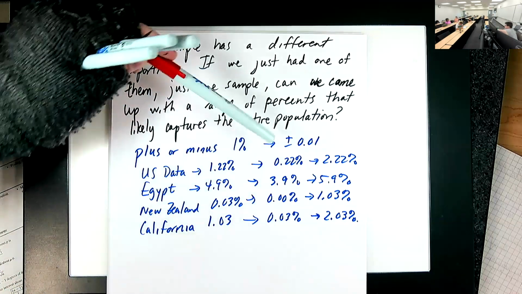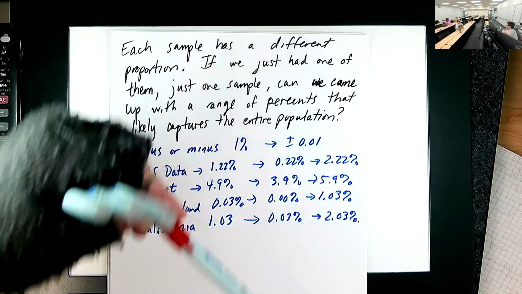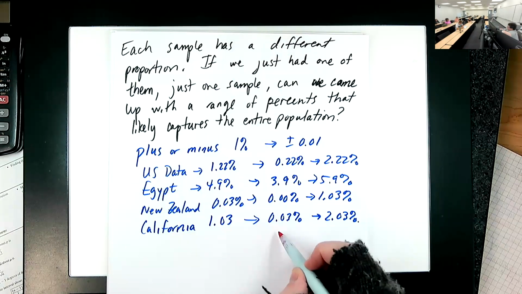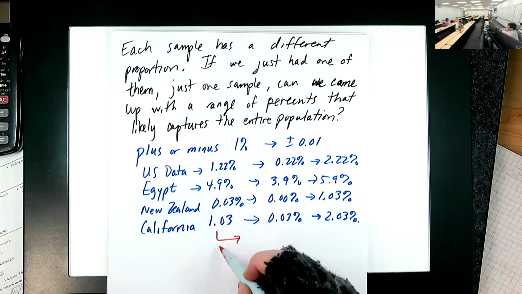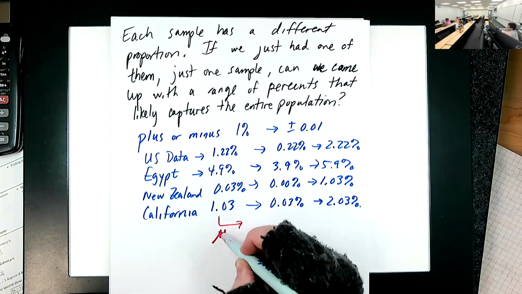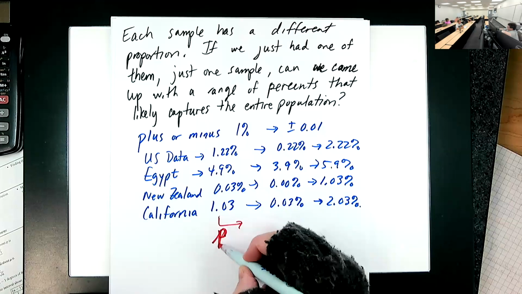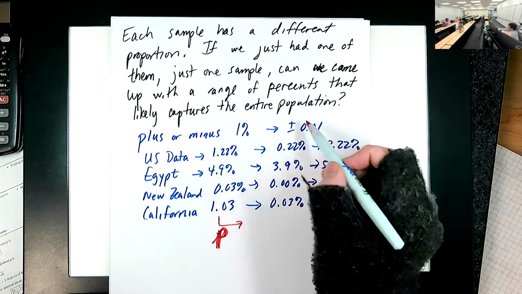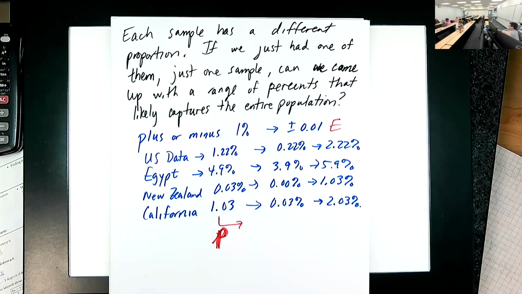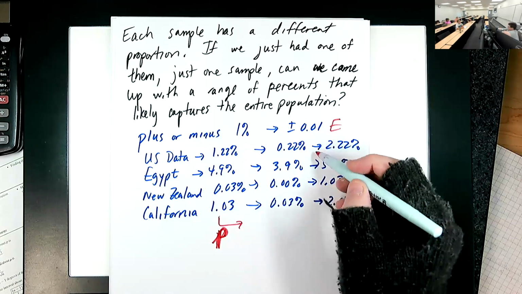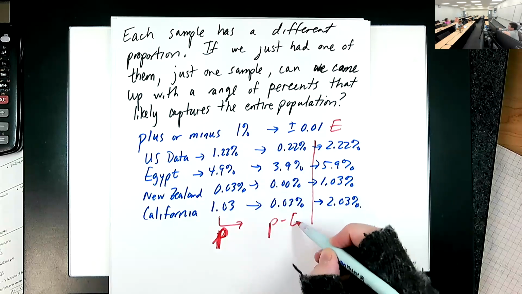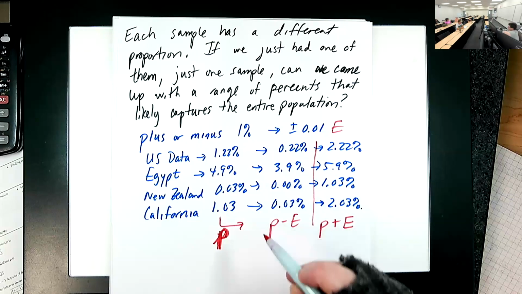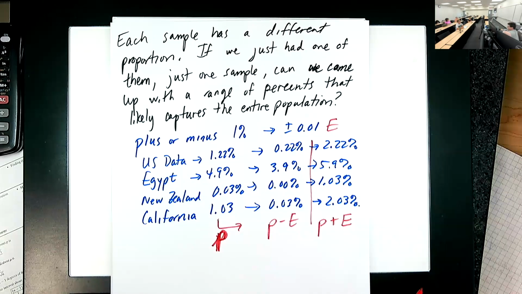Does that make sense how I'm getting these ranges of percentages over here? You're just adding them. If this is my mean or my P, and let's say this is my error estimate, E. The numbers in this column are P minus E, and the numbers in this column are P plus E. This is such a great way to teach this.